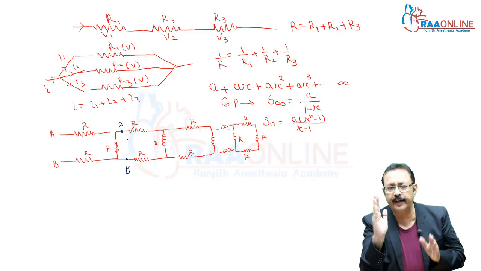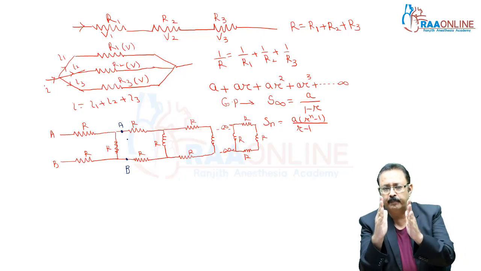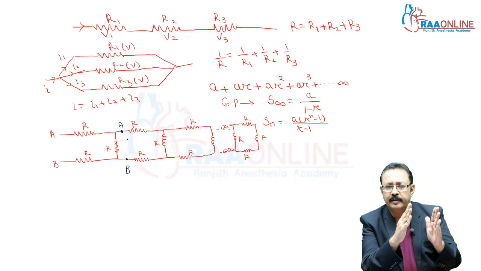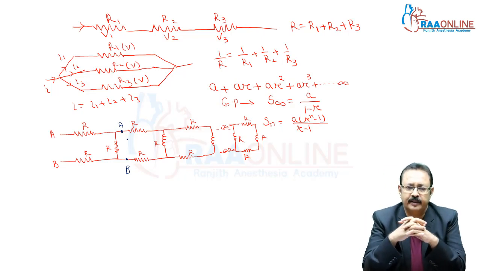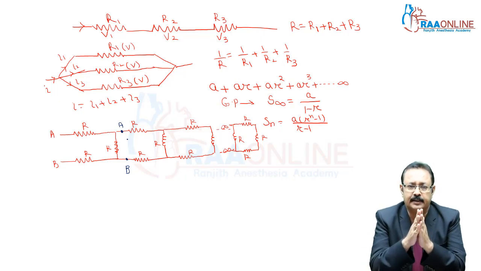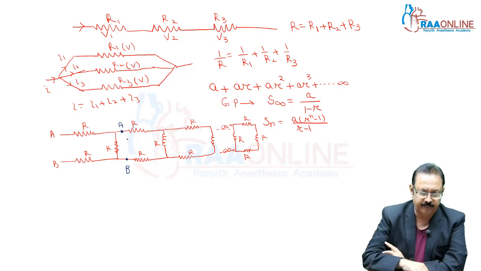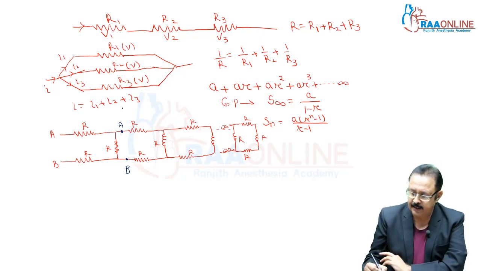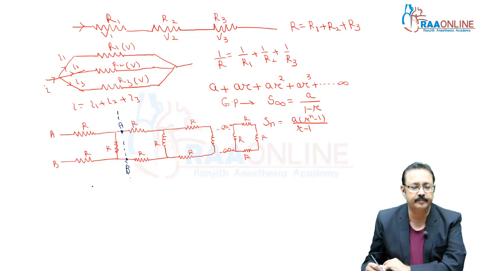If in infinite portions you are removing one portion, infinite minus 1 is again infinite. So if we are saying that total resistance is X, resistance from this point means resistance after this, it should be X.